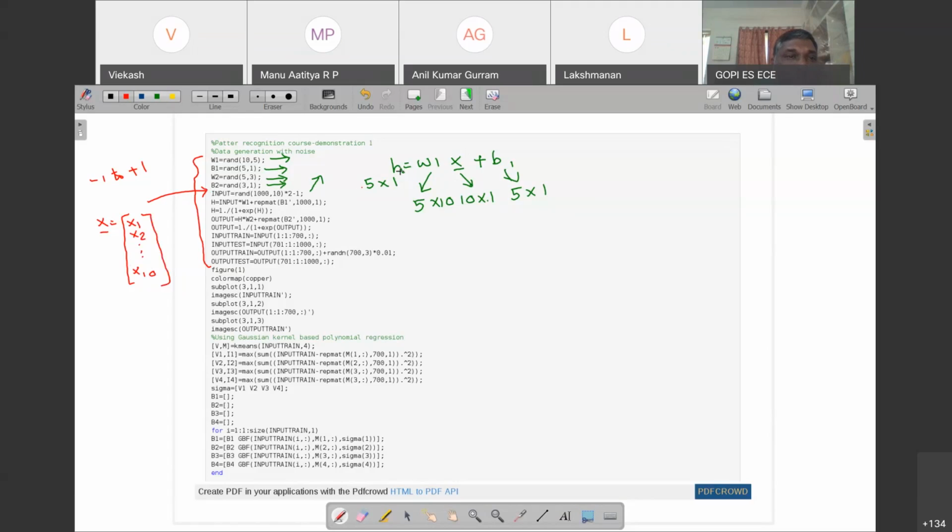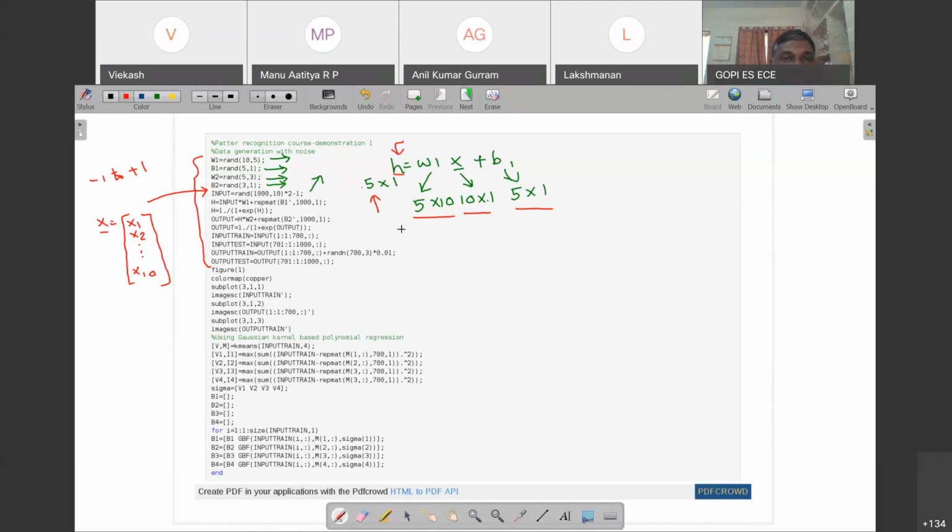For getting this output, we are doing it in two stages. In the first stage, you are getting a vector, which is h bar here, which is W1 into x. W1 is 5 cross 10, x is 10 cross 1, and b is 5 cross 1, right? Like this, so that it satisfies this expression, giving 5 cross 1.